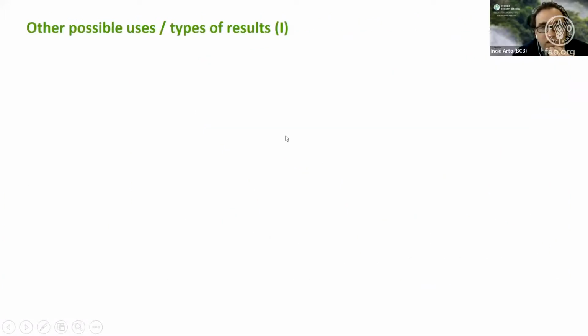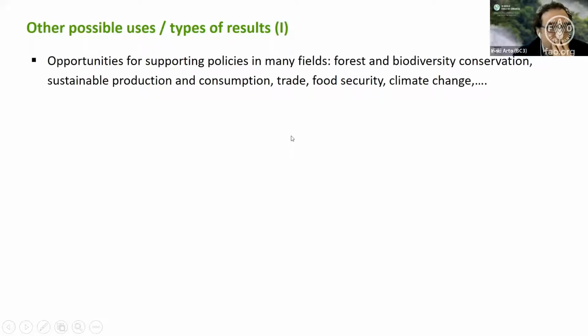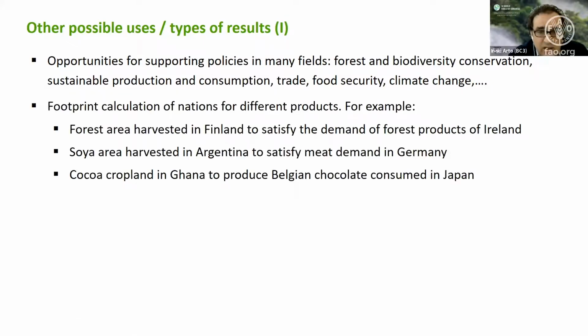Other possible uses and types of results that we can derive from these databases. Well, first of all, this database brings opportunities for supporting policies in many different fields, like forest and biodiversity conservation, sustainable production and consumption, trade, food security, or climate change. The database can be used to calculate the footprint of nations and products.